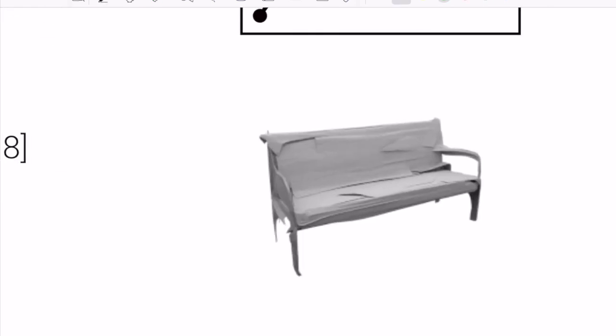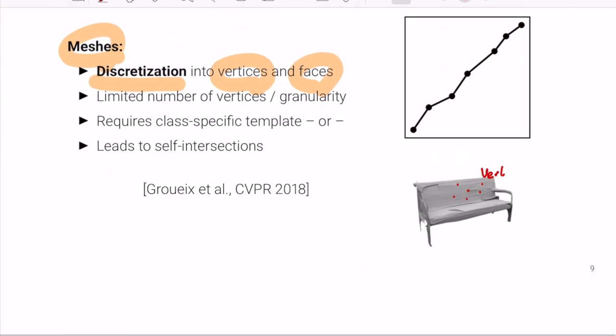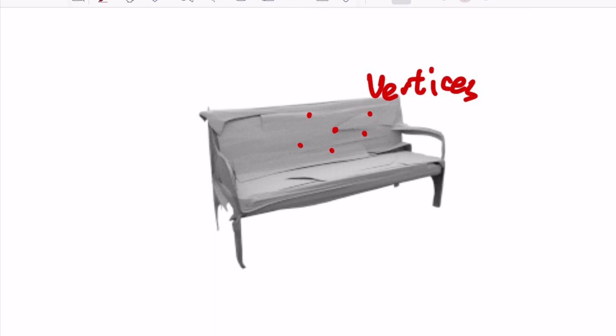So let me show you an example. If we have some vertices like this one and this one, compared to the point cloud representation, it also has some kind of connectivity between such vertices, because this is a kind of graph representation.